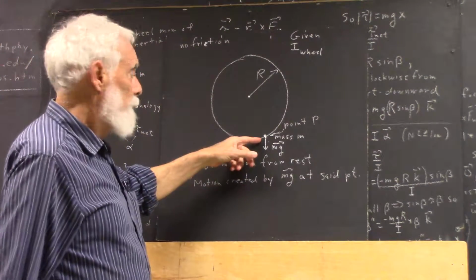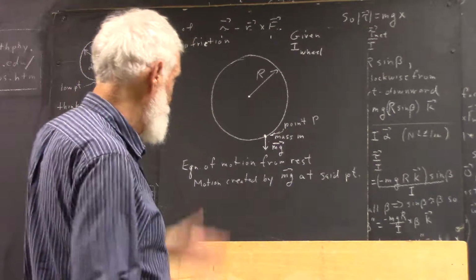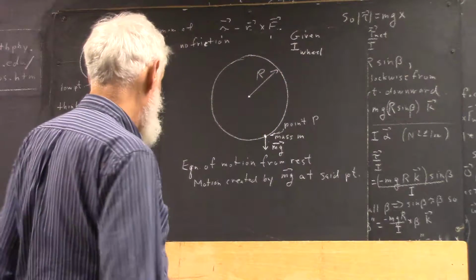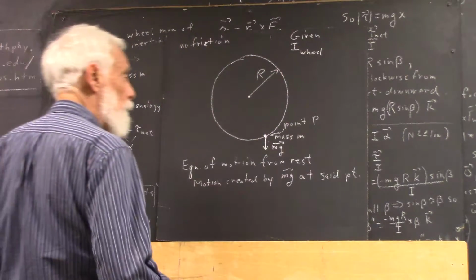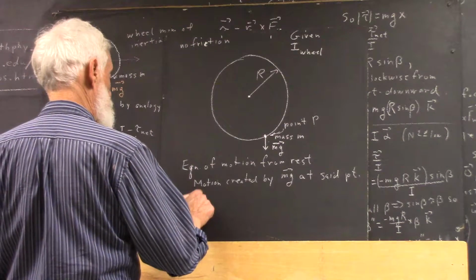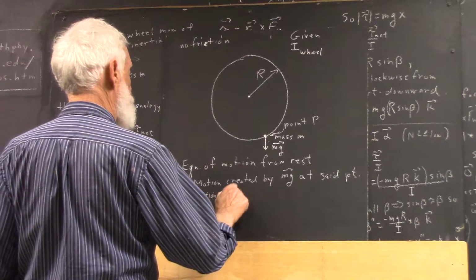Okay, what kind of motion are we going to have? The mass is on the inside of the wheel, and we say it clings to the wheel. Okay, it's going to stay at the same point on the rim of the wheel. So what kind of motion are we going to get? Well, motion will be rotational.